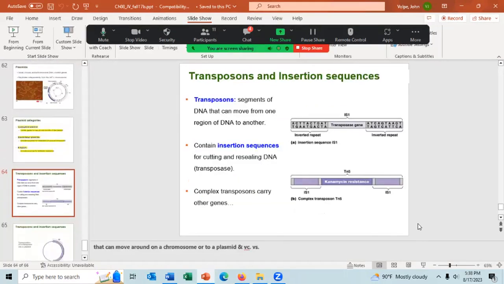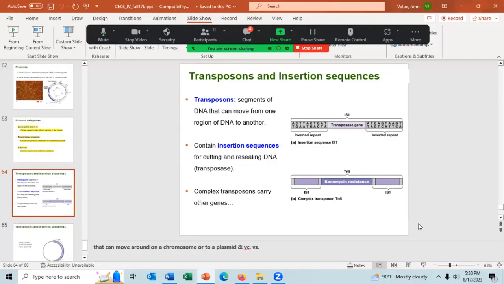A transposon is sort of like a plasmid in a sense, but it is actually a jumping gene, a piece of DNA that moves around in a cell from one location to another.